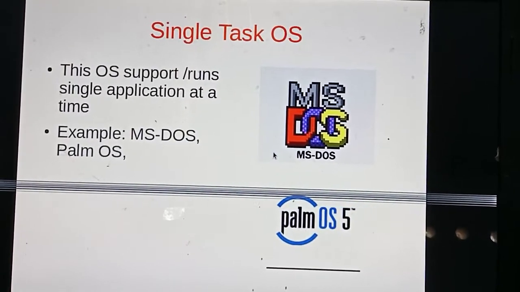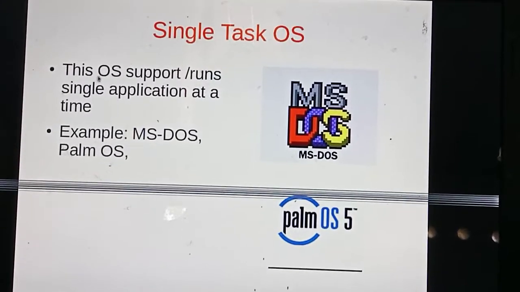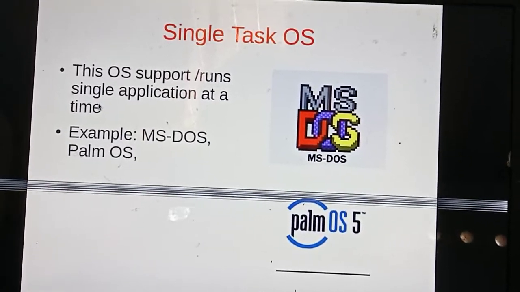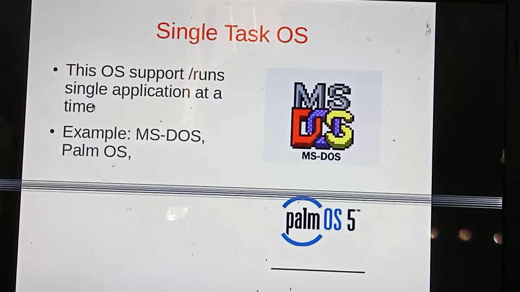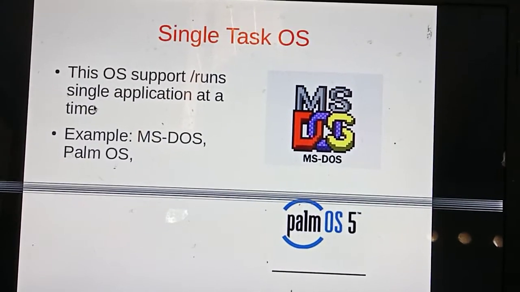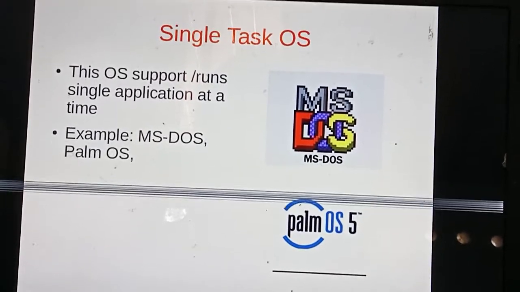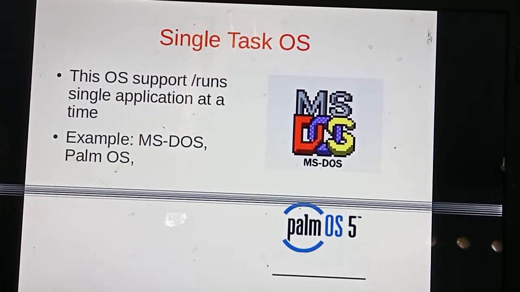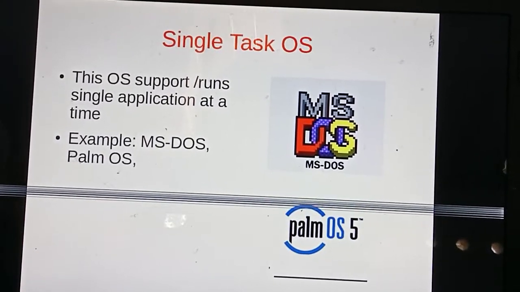So what is the use of single task operating system? This operating system supports running a single application at a time. Running multiple applications at the same time is not possible. For example, while you are typing in LibreOffice, if you need to open a video player, it is not possible, because the video player is one application and LibreOffice is another application.